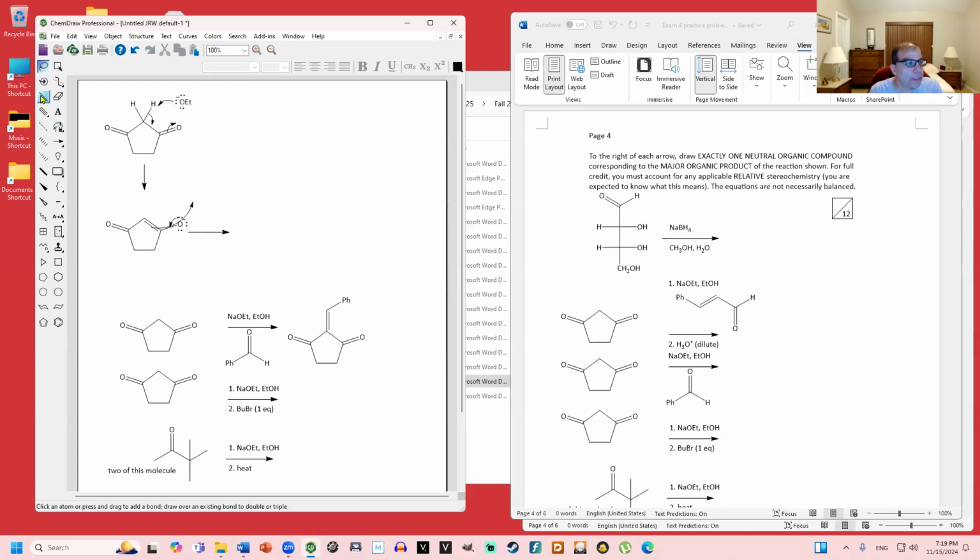But we formed the very same enolate. Actually, I think I'll make my life easier if I draw 1-bromobutane this way.